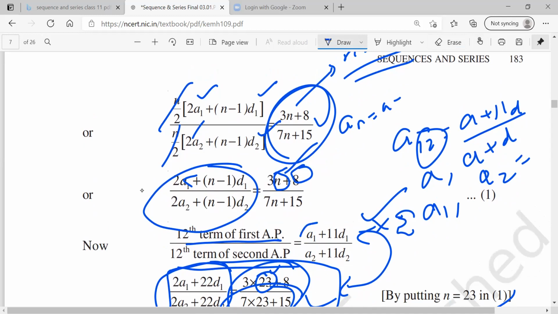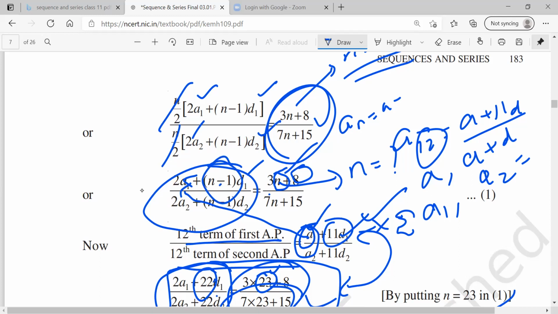But a1 and 11d1 is there. We should not panic with this. We have to make this equal to this one, because our main idea is to find the ratio. For the ratio, what do I have to find? I have to find the n value. So a1 is there, d1 is there here also, but I have to make it 2a1 here, then only I can substitute. This 22 is what actually? The n minus 1 value is 22.